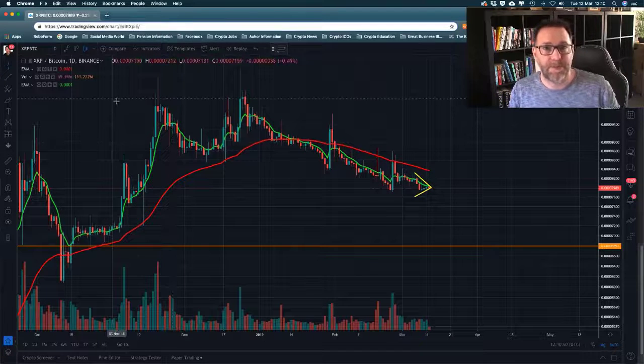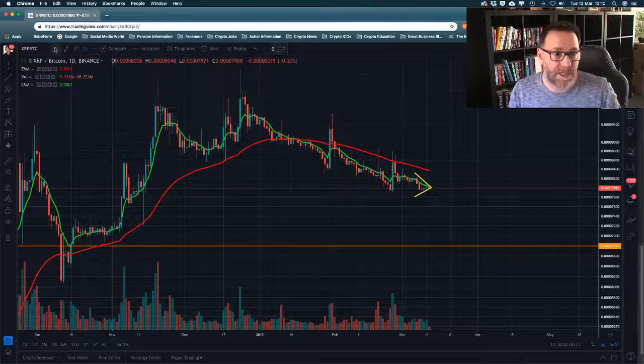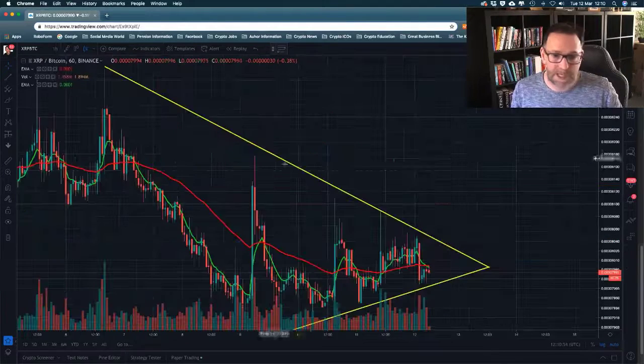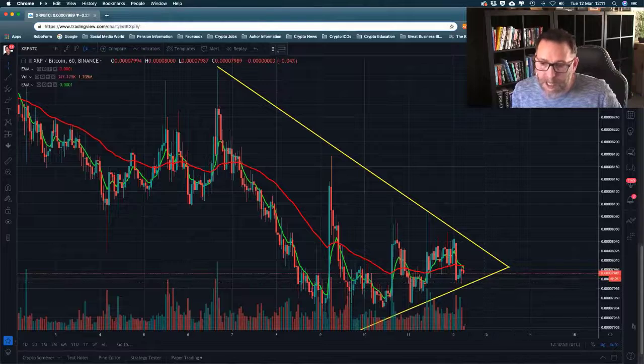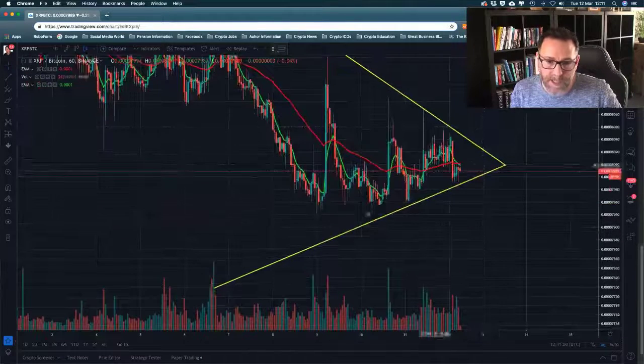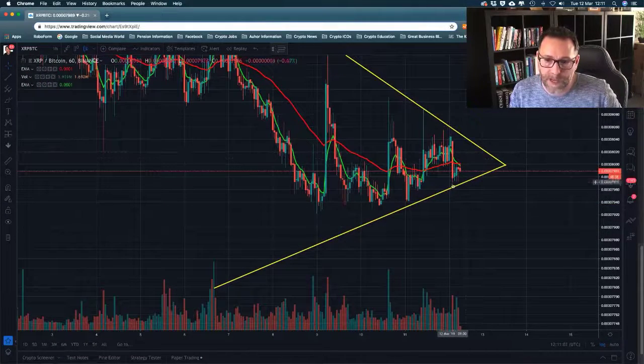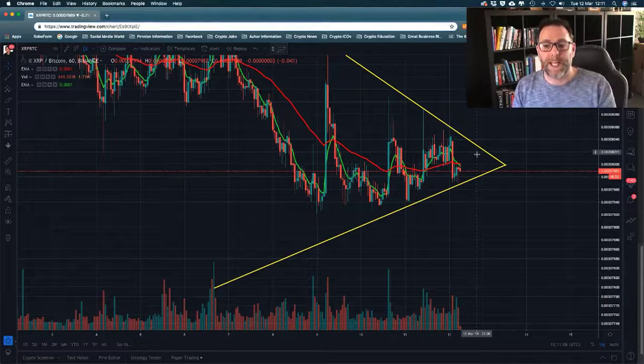A lot of people are expecting XRP to break up. So if we go back to the hourly, we can see this trend upwards with this sloping upward line, and this is the support line here. So this is why they're thinking it could break out and go up.